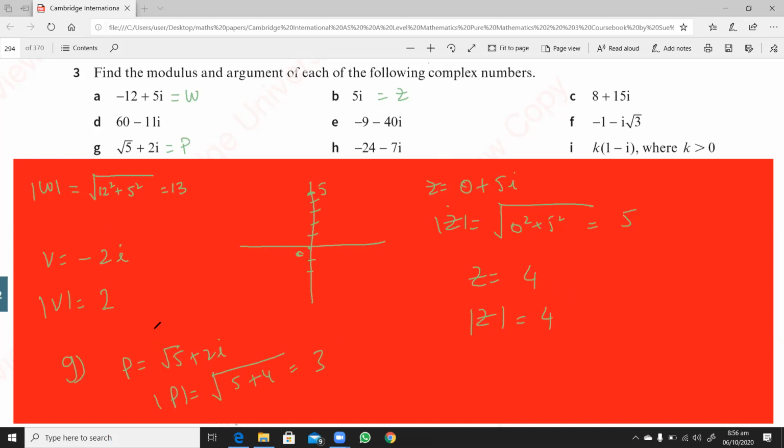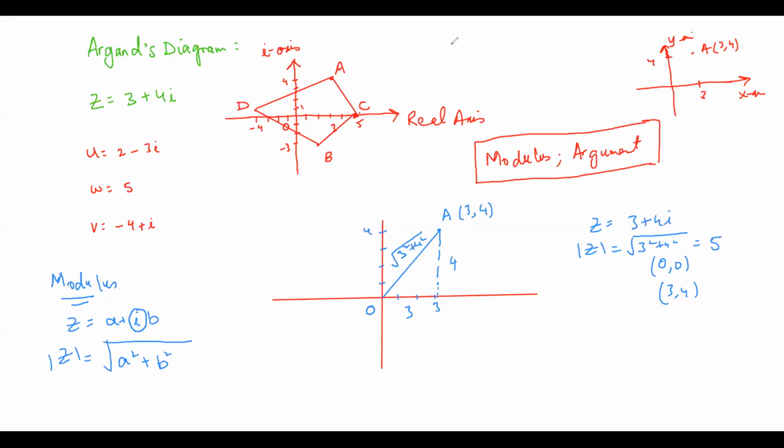You people should be now familiar with the term modulus. Now I take you to the argument. The first thing that I told you was about the modulus, how to find it. That has been derived from the distance formula, so modulus basically refers to the length between 2 points.